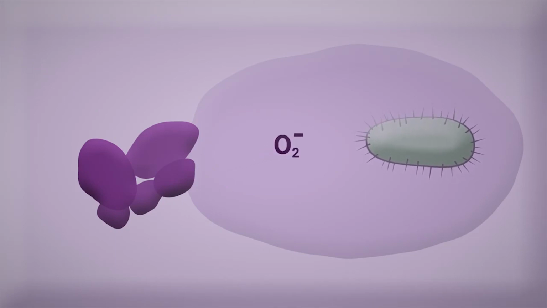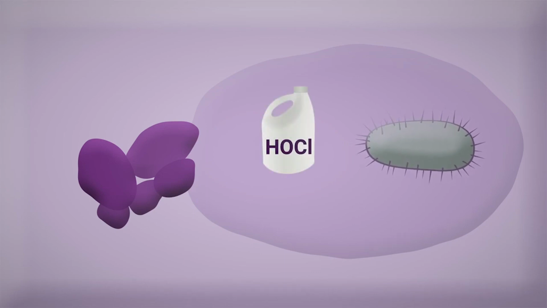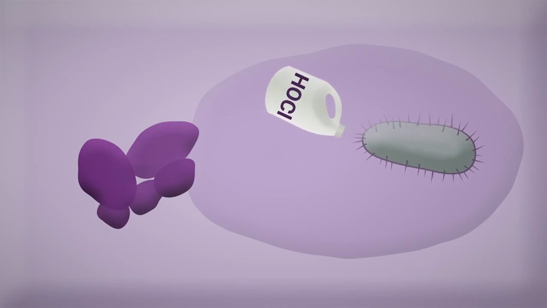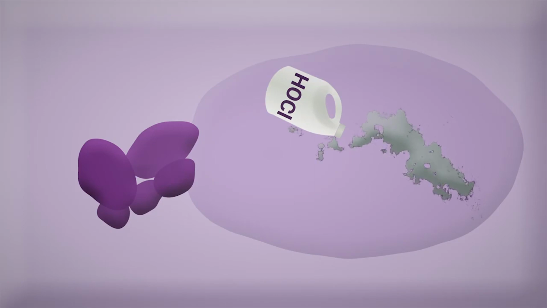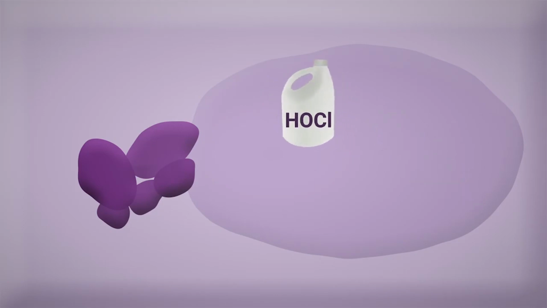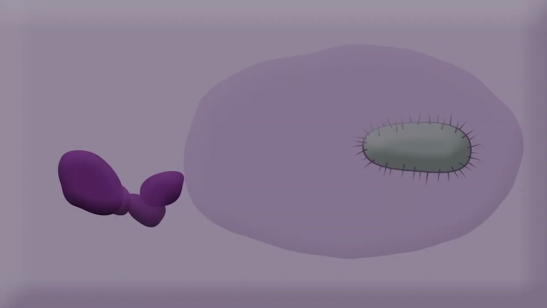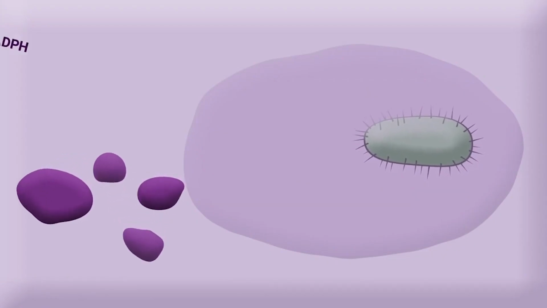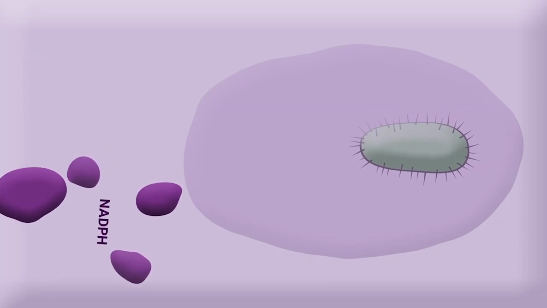That makes superoxide, which gets turned into hydrogen peroxide, and then that gets turned into bleach. That bleach is involved in killing the bacteria inside the cell. In chronic granulomatous disease, people are missing one of these proteins, so they can't make the bleach. They have trouble killing the bacteria inside the cell.